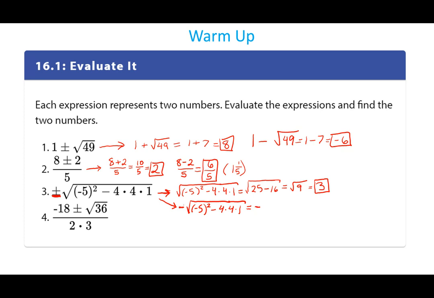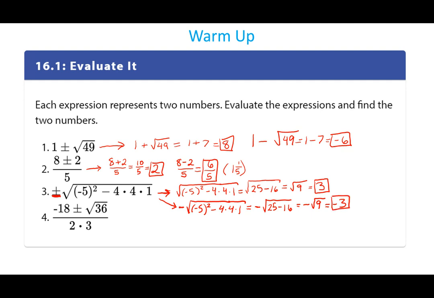I want to remember this negative from the front of the expression. But again, I'm going to have 25 coming from negative 5 times negative 5. So 25 minus 16 is 9. And once again, I have the square root of 9, but we have a negative in front. So this answer is negative 3.